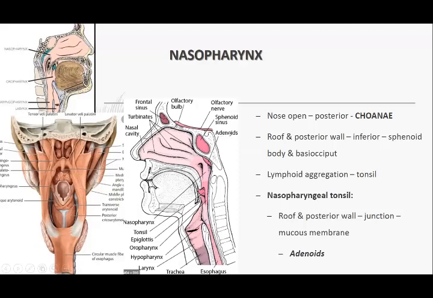So adenoids normal nahi hai. As long as it is normal, non-inflamed, it is called pharyngeal tonsil. Once it gets enlarged, once it gets inflamed, it is called adenoids.